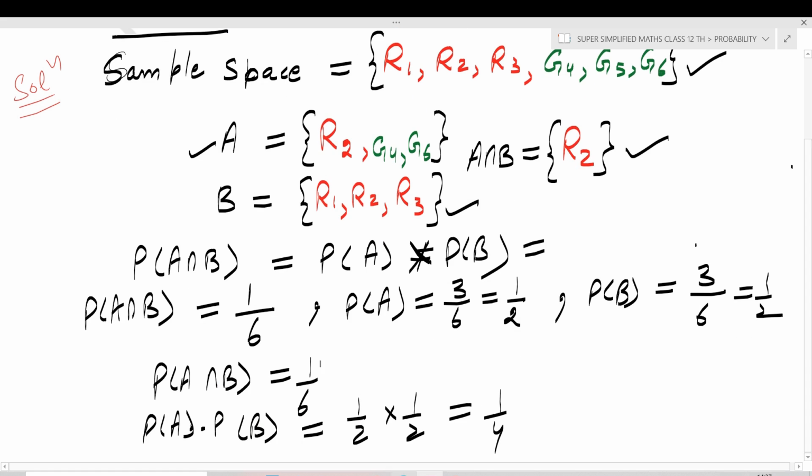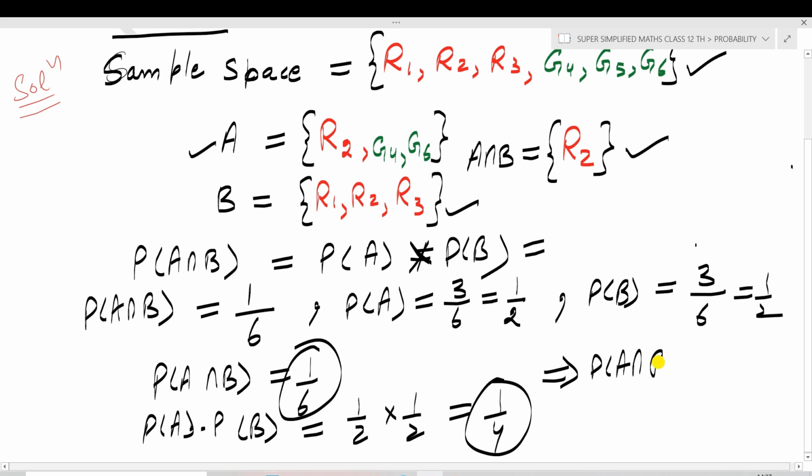So these two numbers are not equal, and this implies that probability of A intersection B is not equal to probability of A into probability of B, and this implies events A and B are not independent.